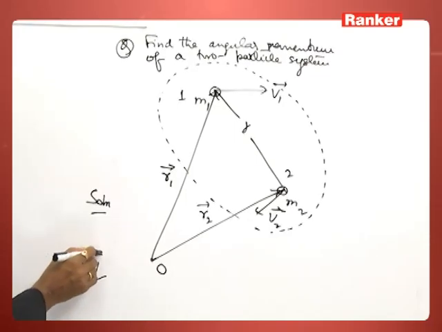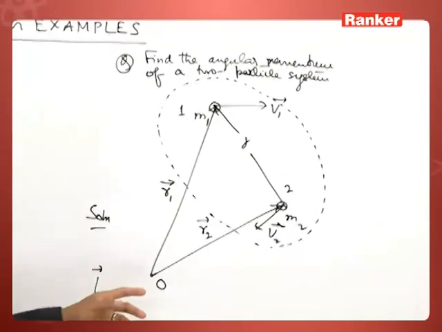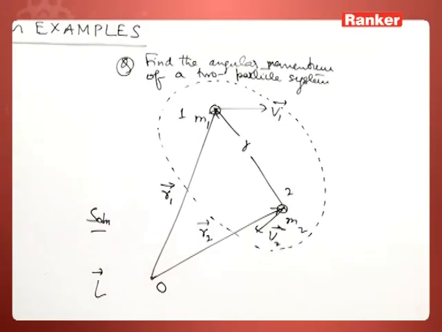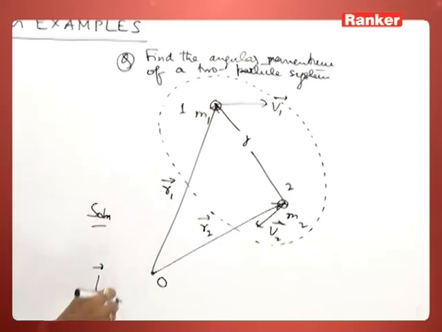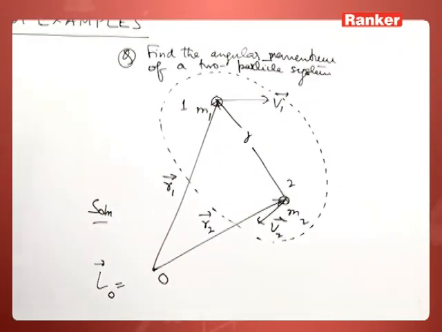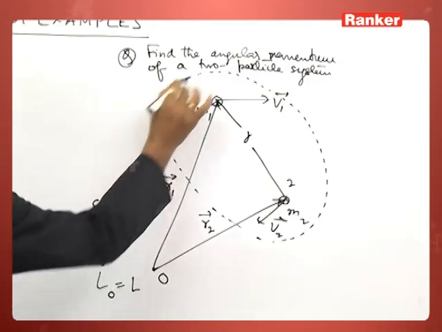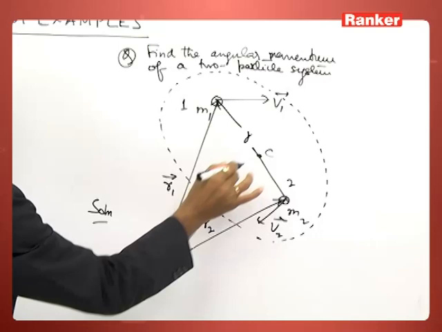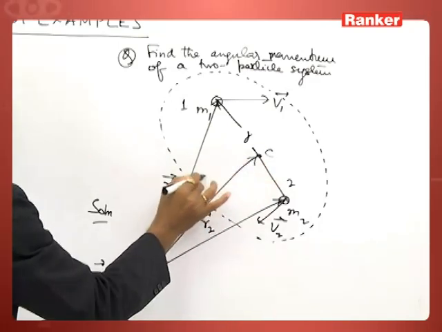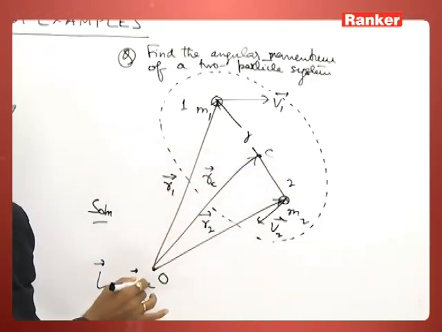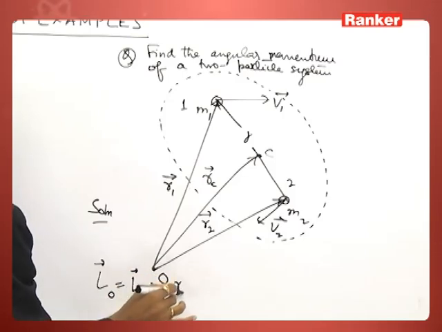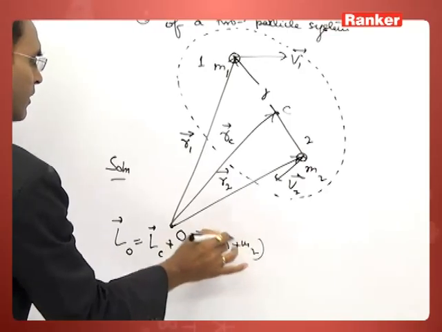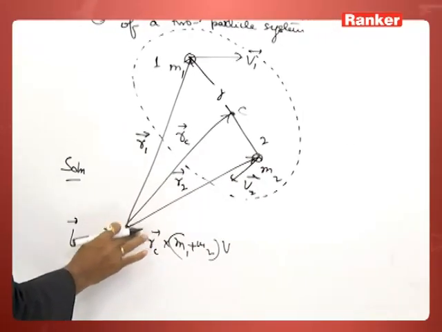The total angular momentum of this two particle system about any fixed point, LO, is equal to the angular momentum of this two particle system about the center of mass plus the angular momentum of the center of mass.